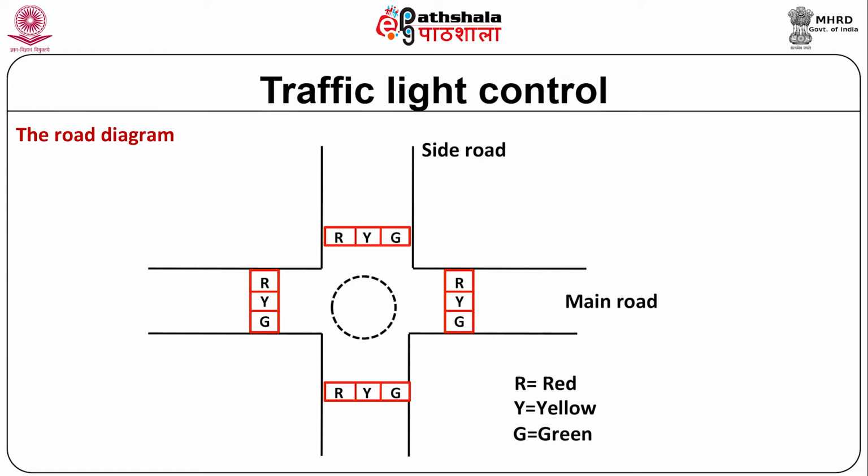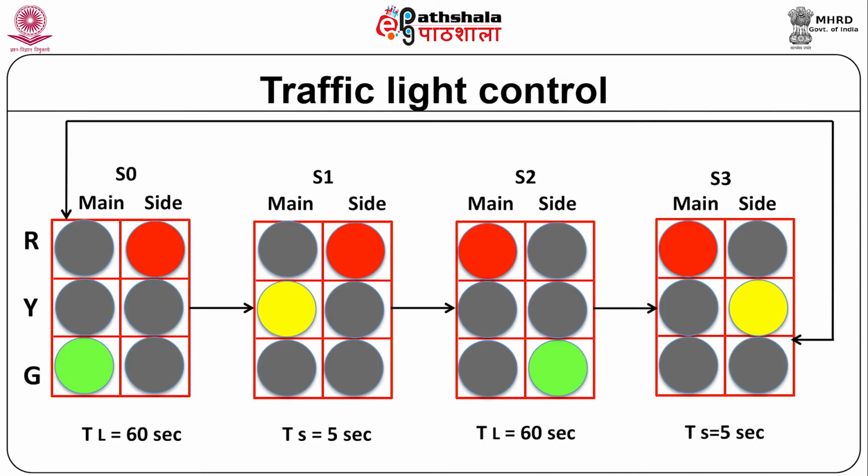The diagram indicates a square showing the main road and side roads. There is one traffic light indicator system consisting of red, yellow and green lights on each road, as indicated in this figure. Let us now prepare a state diagram to describe the sequence of operations.